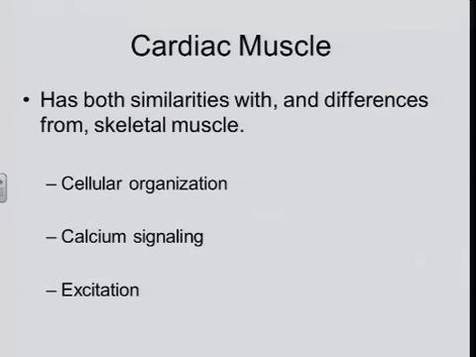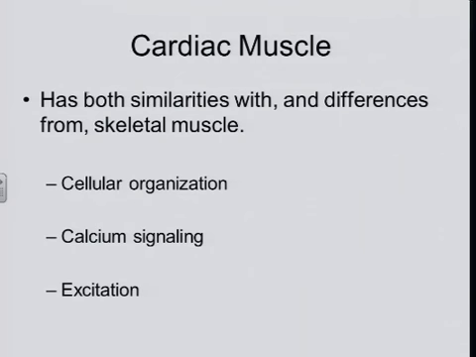But cardiac muscle now is very similar in many respects to skeletal muscle, but it's different as well. It has differences in cellular organization. So cellular organization, structure, and function. So the structure is different, and therefore its functioning is different.